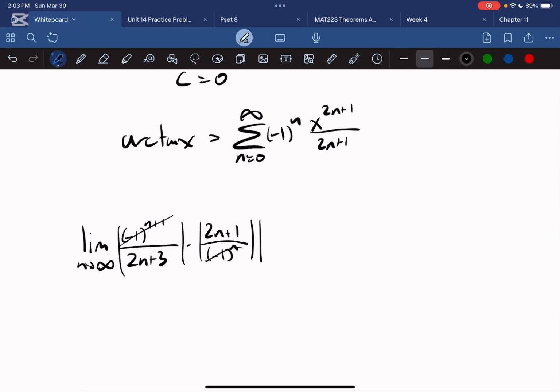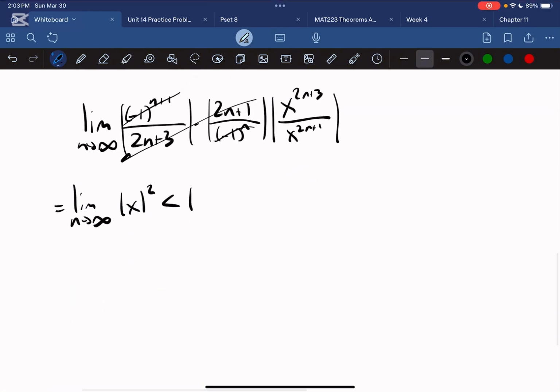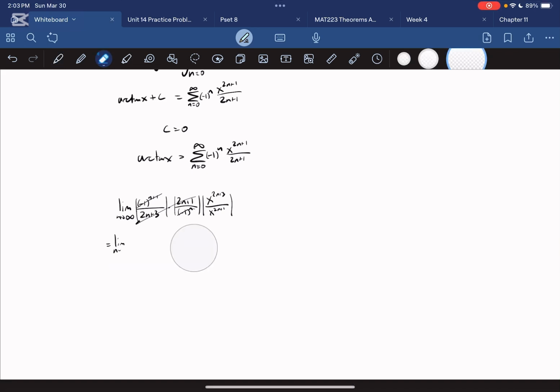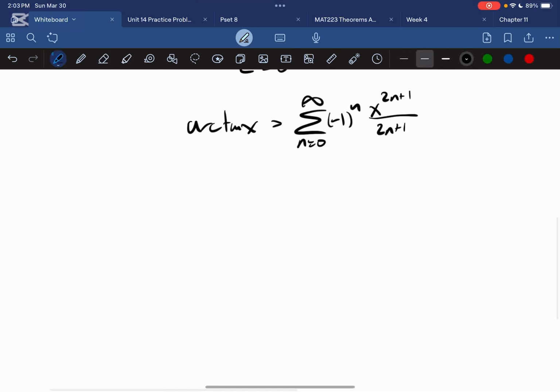I'll put the x's over here. We have x to the 2n plus 3 and x to the 2n plus 1. So these cancel out to 1 as well. We just get x squared less than 1, which is the same as saying |x| is less than 1. And now we should evaluate at the endpoints.